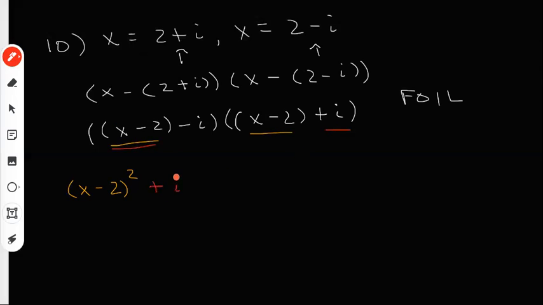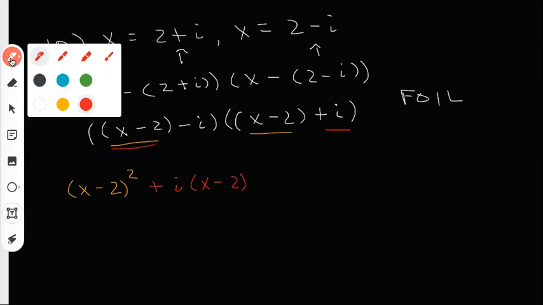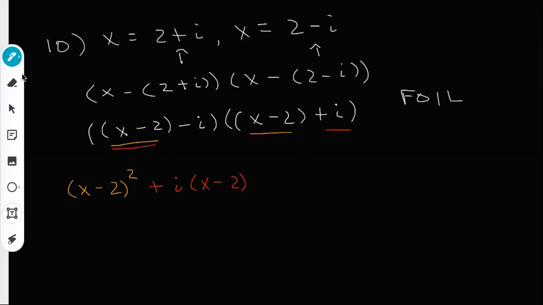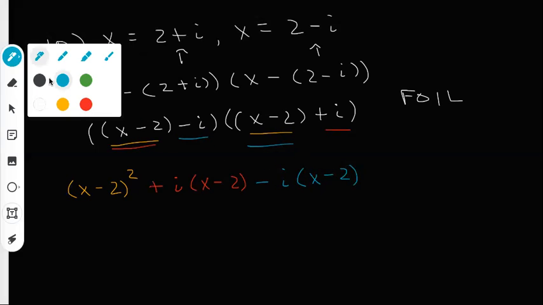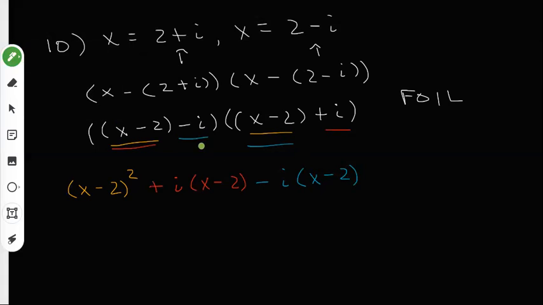That's going to give me plus i times x minus 2. Change to blue to get the inner two terms, the -i and the x minus 2. That gives me -i times x minus 2. And then the last two terms I'm going to put in green. That would be the -i and the positive i, which multiply to give me -i squared.